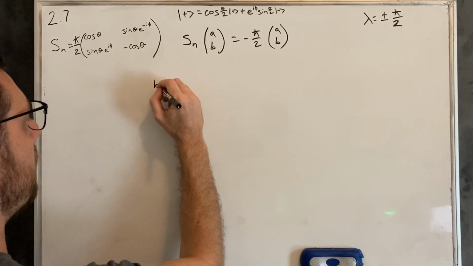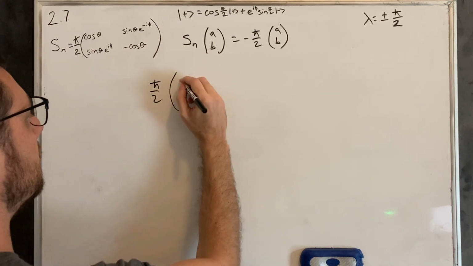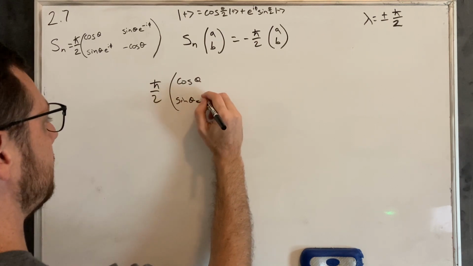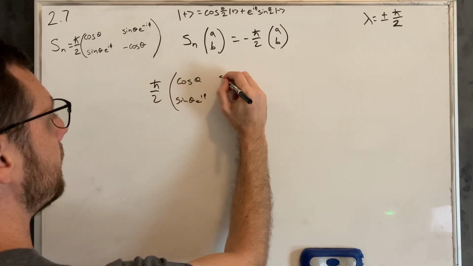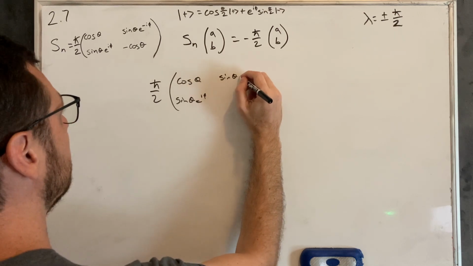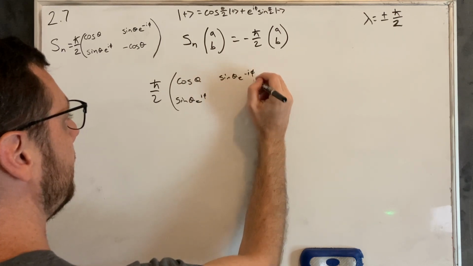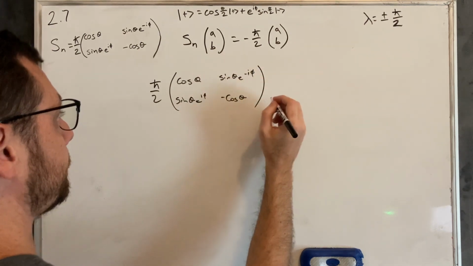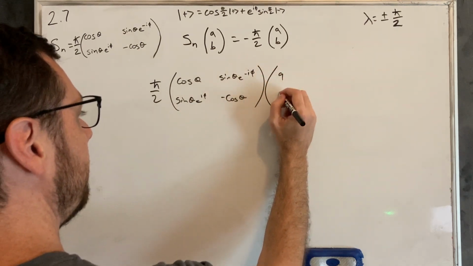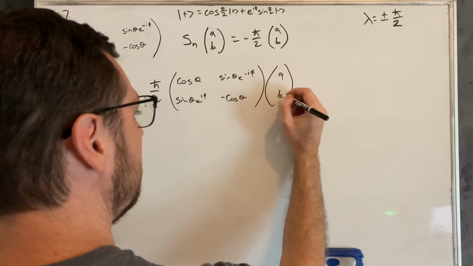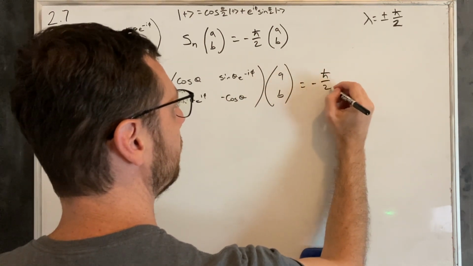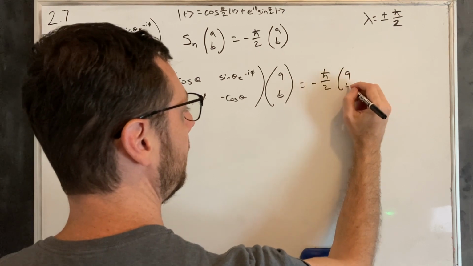So we have h bar over 2 times the matrix cosine theta, sine theta e to the i phi, sine theta e to the negative i phi, and negative cosine theta, and then a and b, and that should equal negative h bar over 2, a and b.